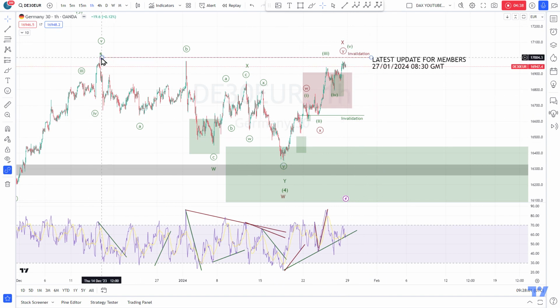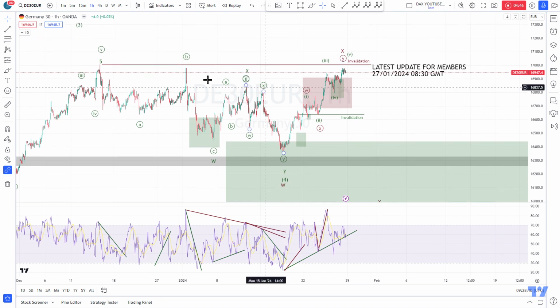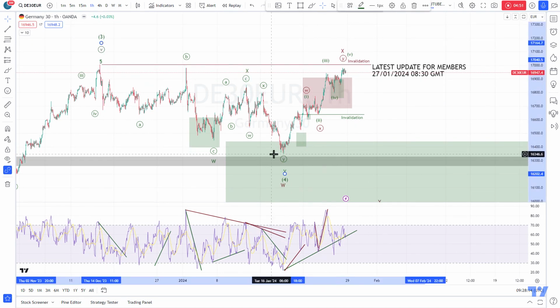If we would take out the all-time high here, this structure can actually also be our fifth wave, because if we take out the high right here, assuming that this is the wave 3, then we fulfill the minimum requirement for a fifth wave, which is going beyond the wave 3.